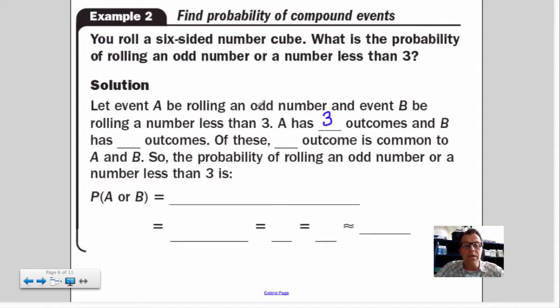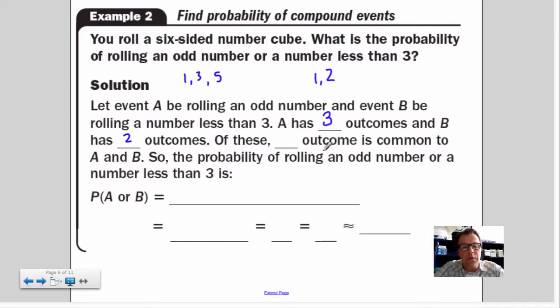And how many numbers are less than 3? I believe there are 2 ways, 1 and 2. Maybe we should write them out. What is the probability of rolling an odd? 1, 3, and 5. And what's the number less than 3? 1 and 2.